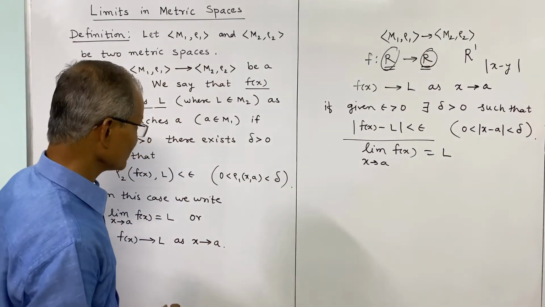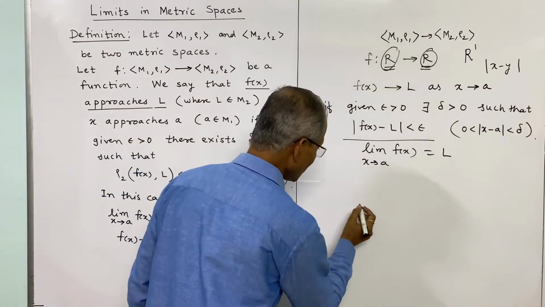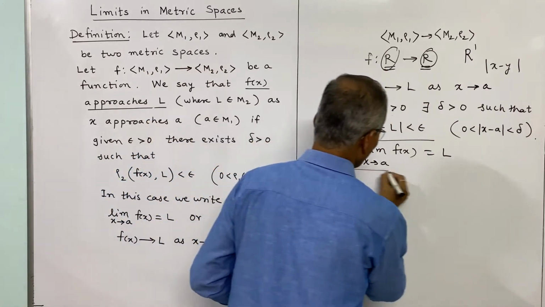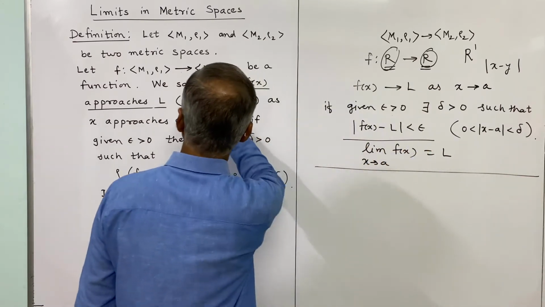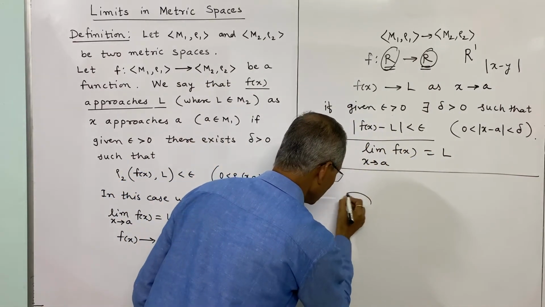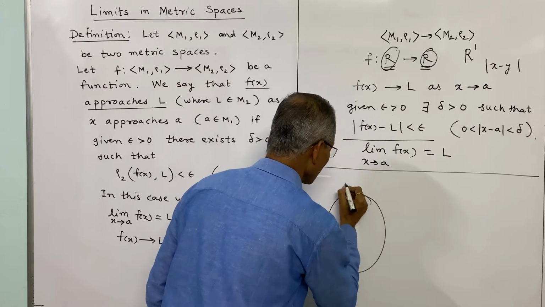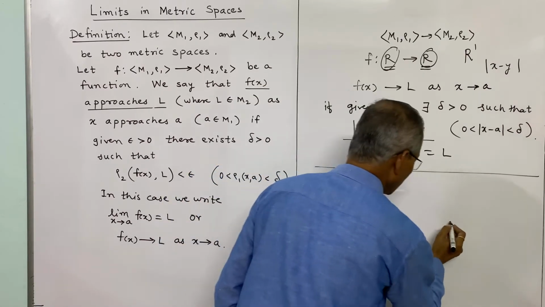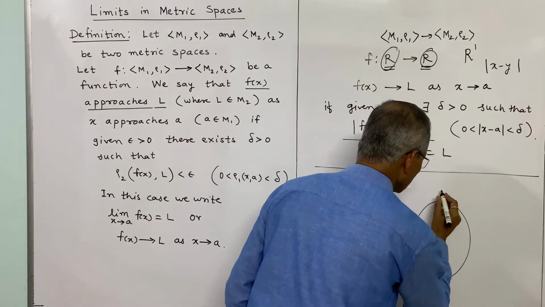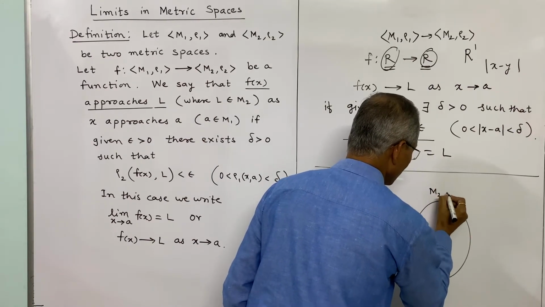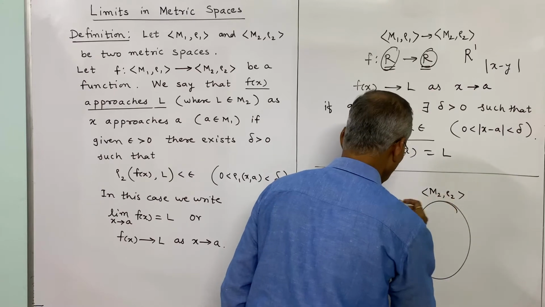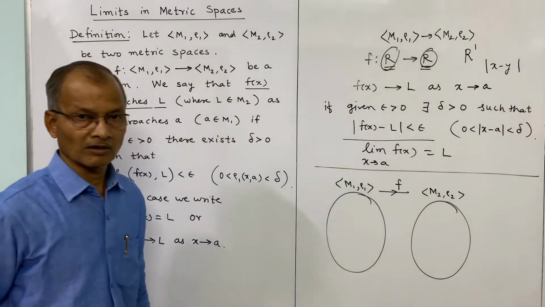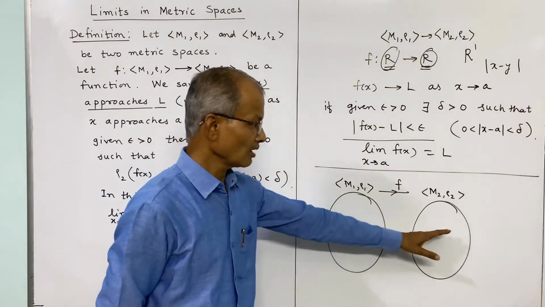Or if you consider the figure for this, see this is the usual definition we have. And now we will consider these metric spaces: this is M1 with the rho 1 metric, and this is the M2 space with the rho 2 metric, and f is a function from this metric space to another metric space.